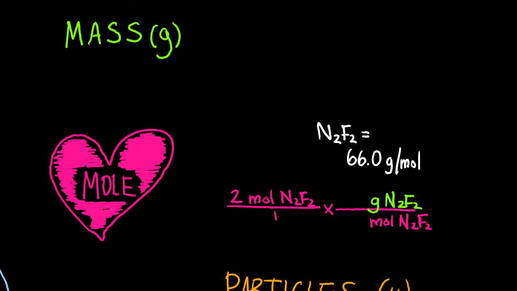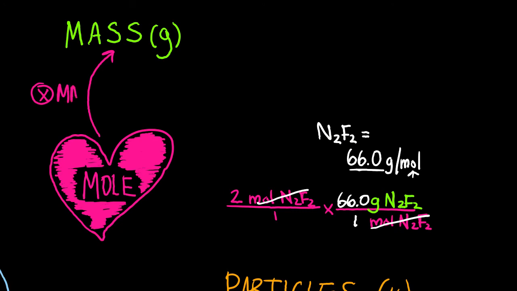The molar mass of the compound goes next to the g. It'd be 66.0. And remember, that is the mass of a single mole. As you can see, to leave the mole and go into mass, you need to multiply by the molar mass. So leaving the mole and going to mass, you multiply by MM, which is my abbreviation for molar mass.